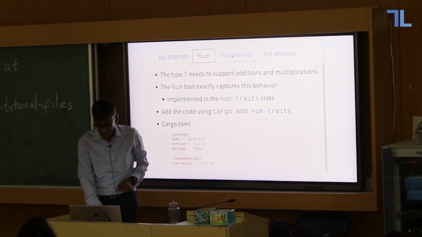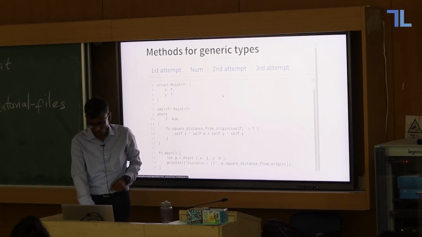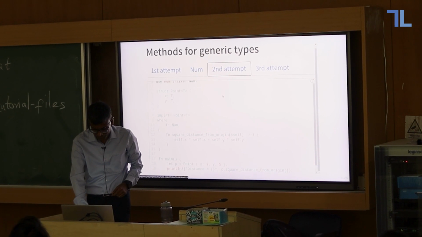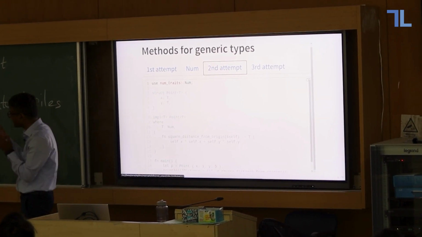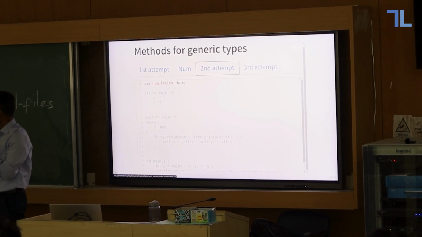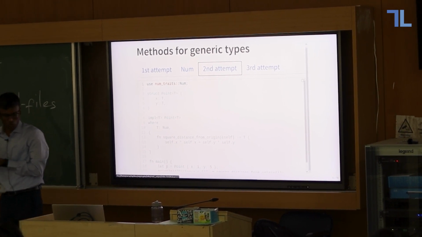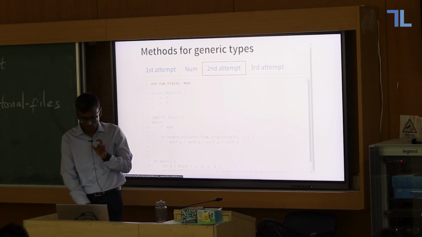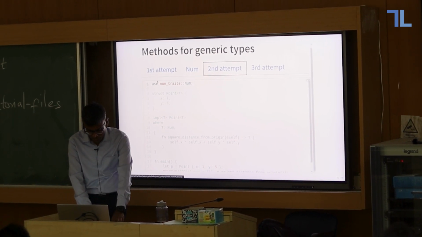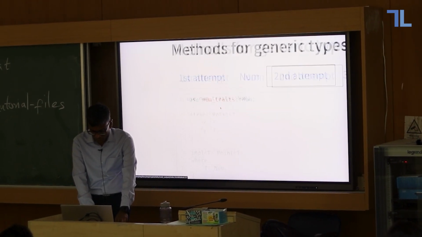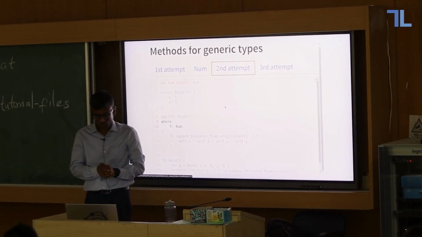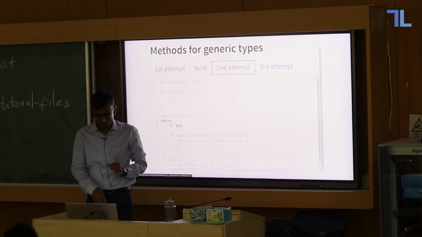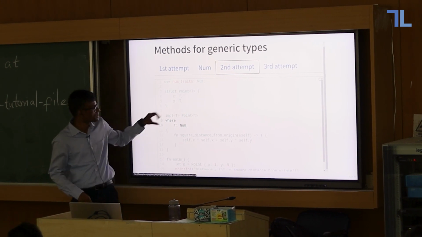Now let's try modifying the point definition. We have to bring that Num trait into scope. A trait is like a behavior. So we have to use this syntax: use num_traits. And then the implementation of square distance is that I have a point which is a two-dimensional point here.